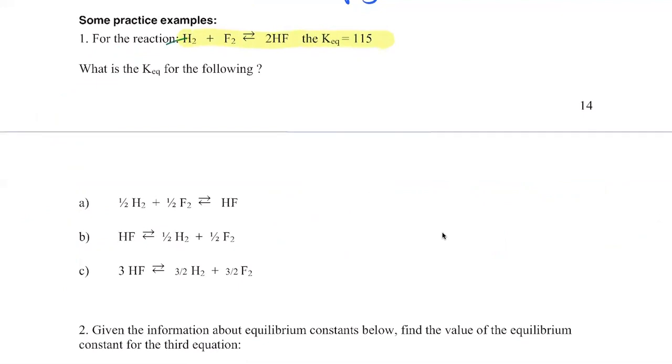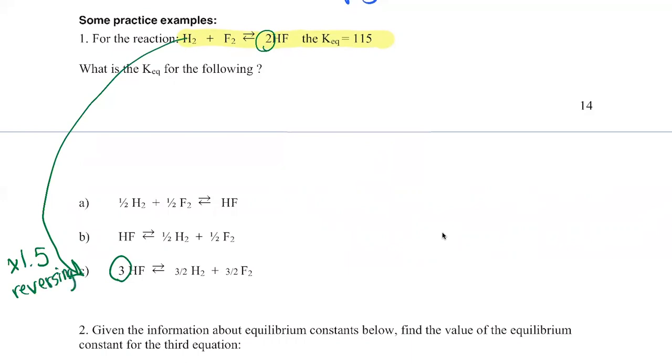And from here down to equation C, how are we manipulating that original equation? Here, we're going from a 2 to a 3. So we're multiplying it by 1.5. And we're also flipping it. So again, we're reversing, okay, so we're going to take the reciprocal again.